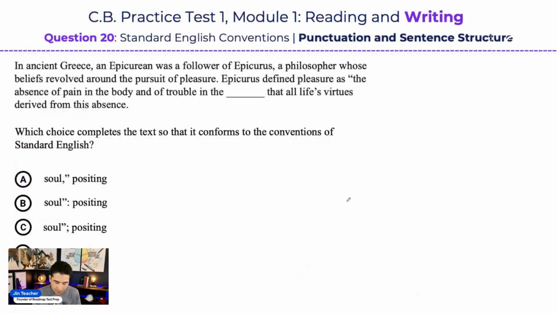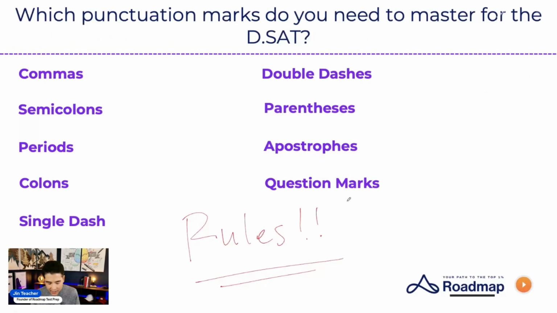Also, just as a quick note, if some of you are curious, the punctuation marks that are the most tested, I would say, is definitely commas, semicolons. Well, they're all very frequently tested, but I would say that these are the ones that are tested most often.